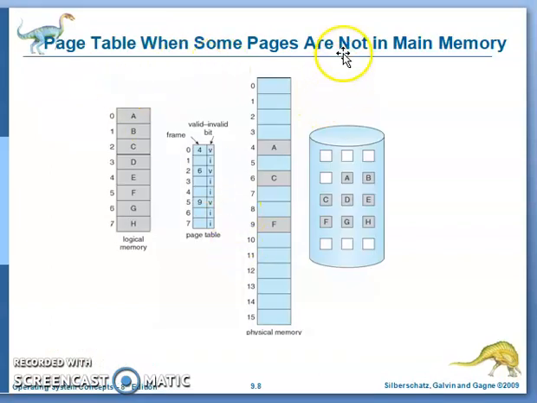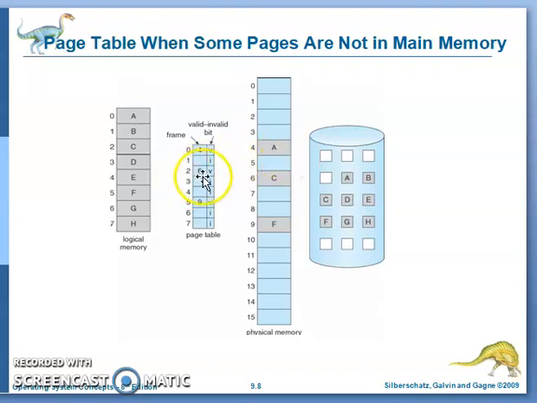Page table when some pages are not in main memory. Now see this logical memory. The pages are from A to H, totally 8 pages. The page table indexes are 0 to 7. Page 0, page 1, page 2 up to page 7. Page 0 is A, page 1 is B, like that. Now the page map table has the valid bits. Page 0 is in frame 4.